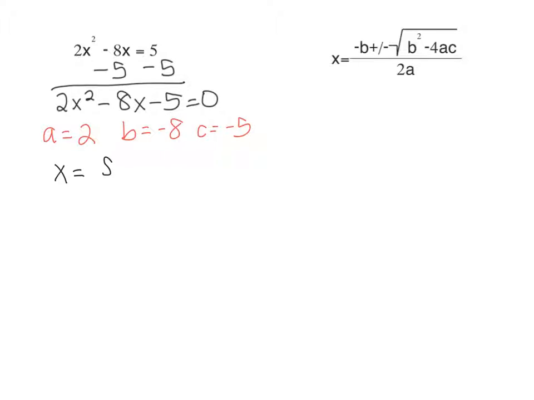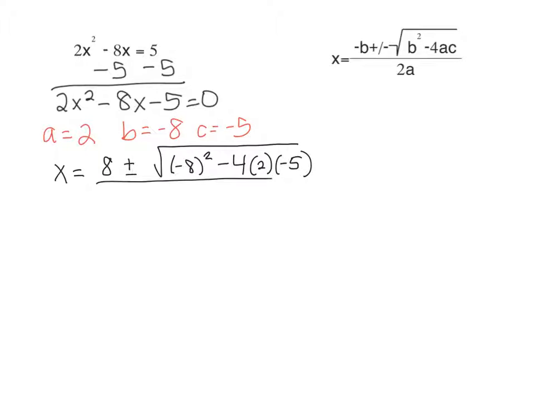So again, we have a positive 8 plus or minus the square root of b squared, negative 8 squared, minus 4 times a, which is 2, times c, which is negative 5, all over 2a, which is 2.